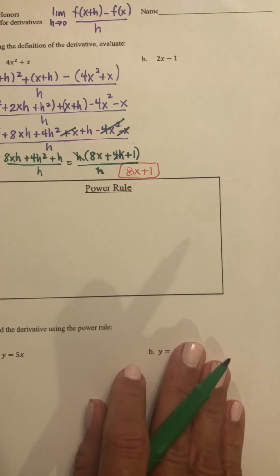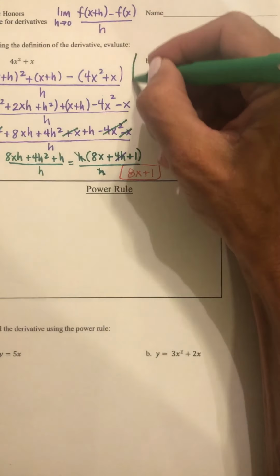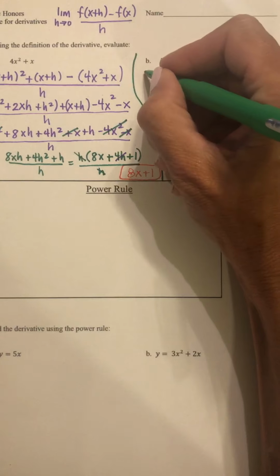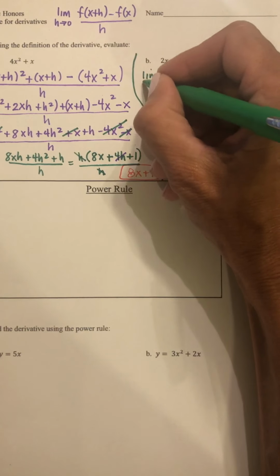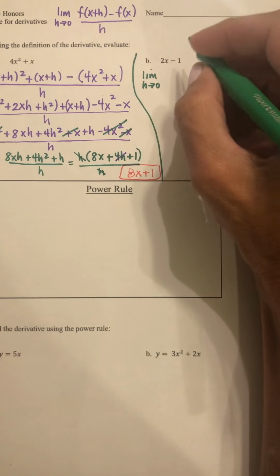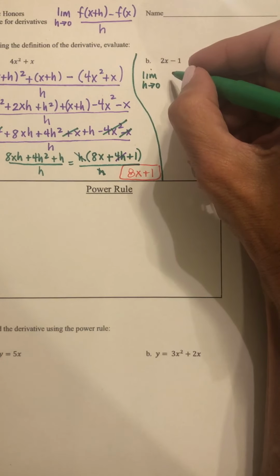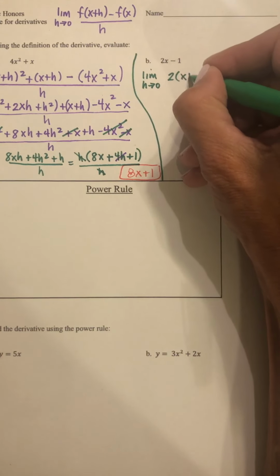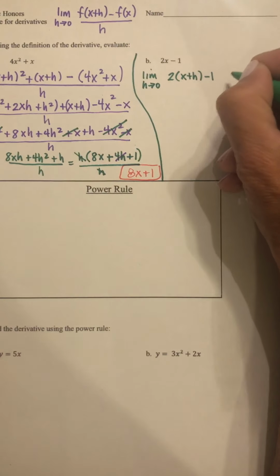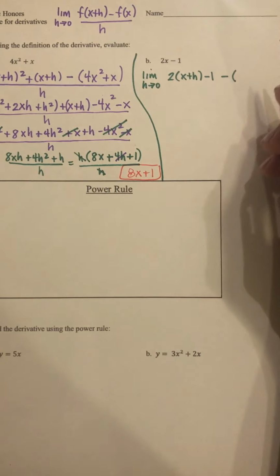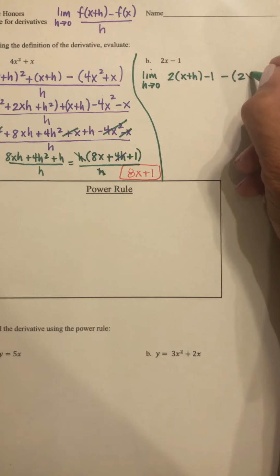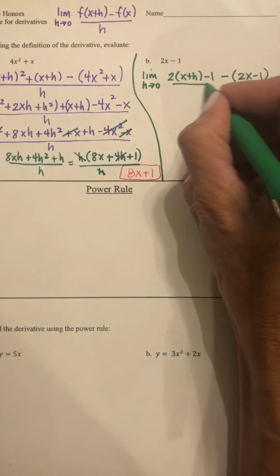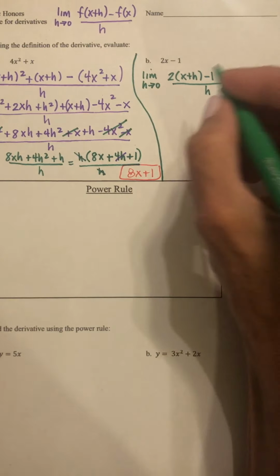Maybe I should have reversed my order. All right. So we're going to do, again, the limit as h approaches 0. All right, we're going to replace every x with x plus h. So 2 parentheses x plus h minus 1, and then minus the original. Make sure you remember your parentheses. 2x minus 1 all over h.